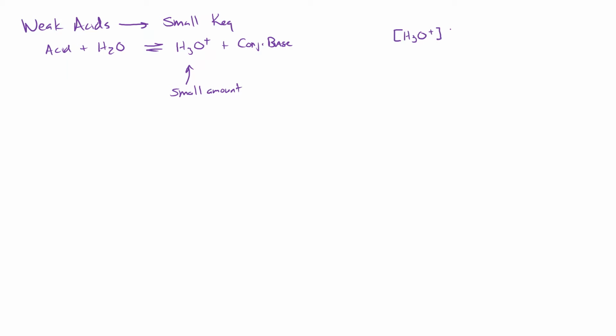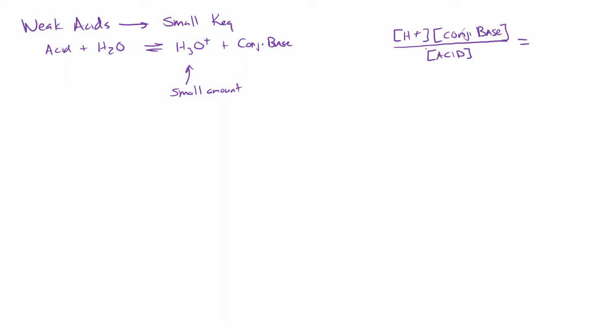So we have the concentration of H plus, remember that H plus and H3O plus are the same thing, times the concentration of the conjugate base, all over the concentration of the acid, right? And now we're not including water because water is a pure liquid, it's not something that we need to include in there.